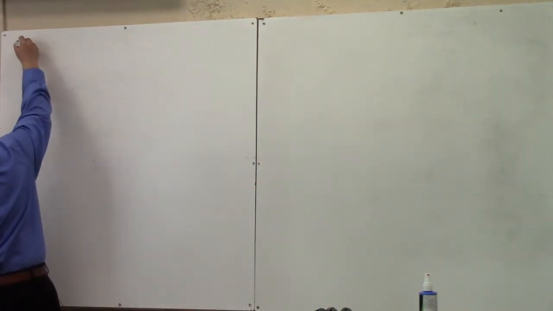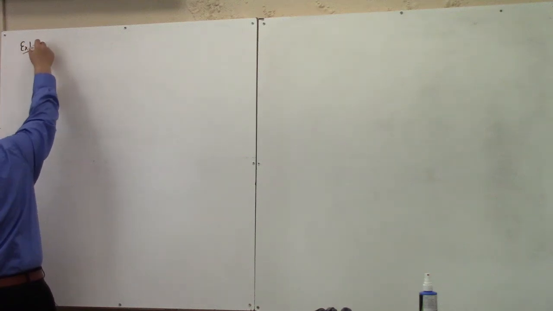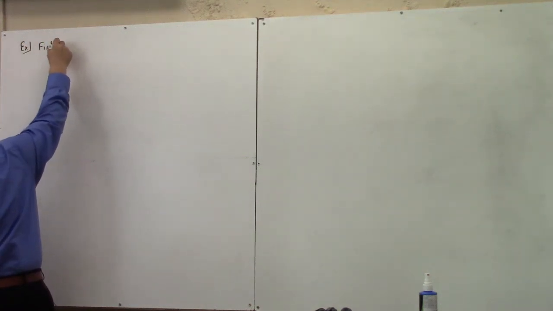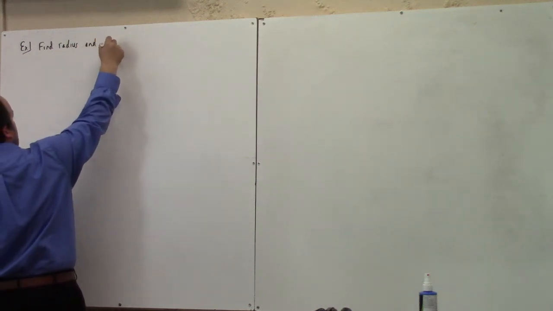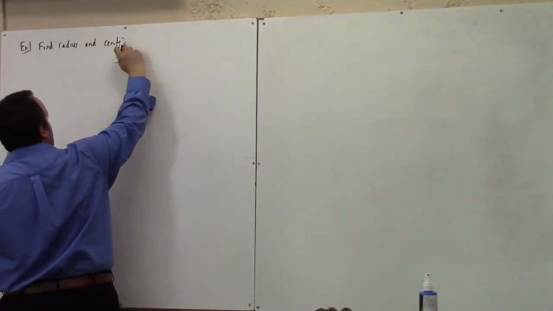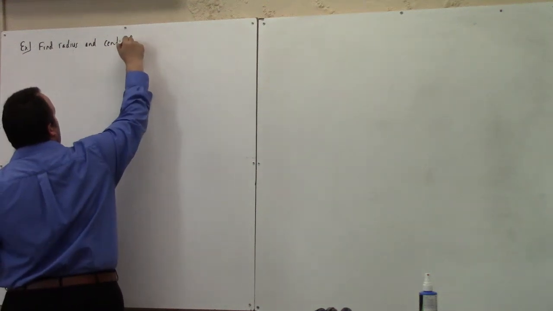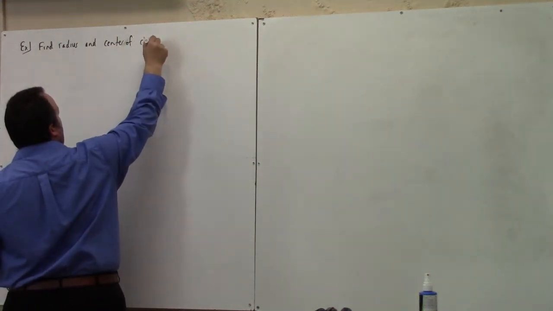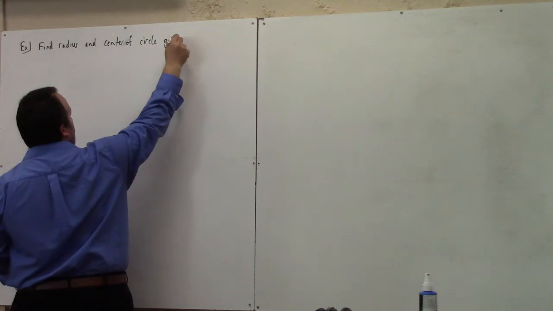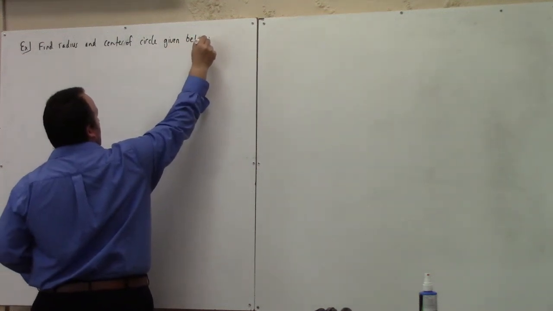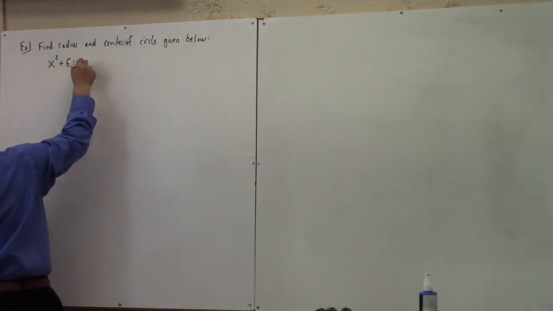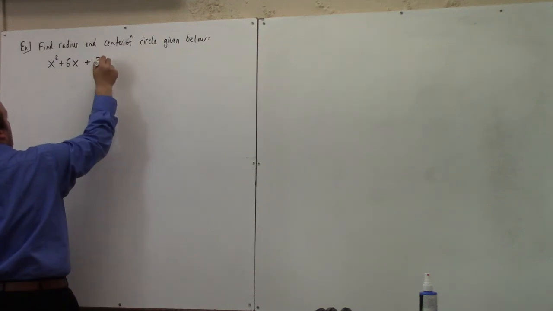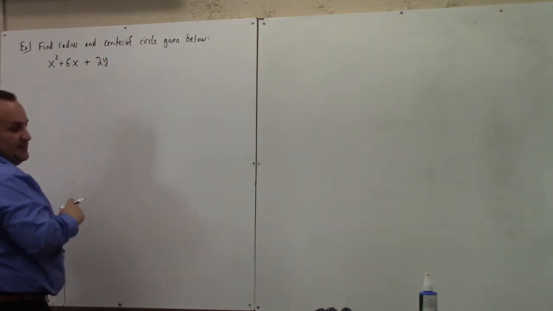So let's look at an example. Find the radius and center of the circle given below. So here's the circle we'll look at. X squared plus 6x plus 2y squared. Oh, goodness gracious, I can't do that.